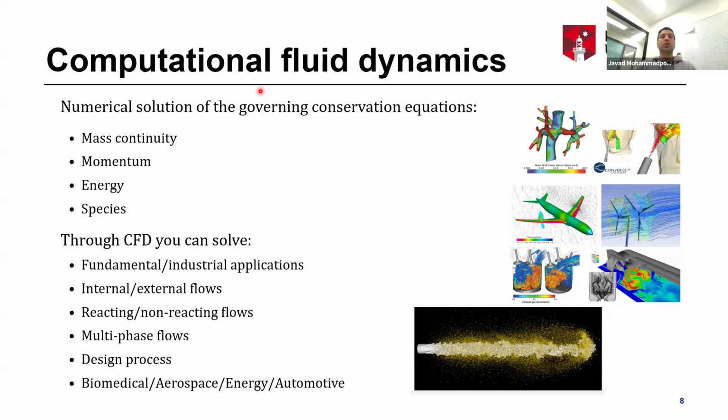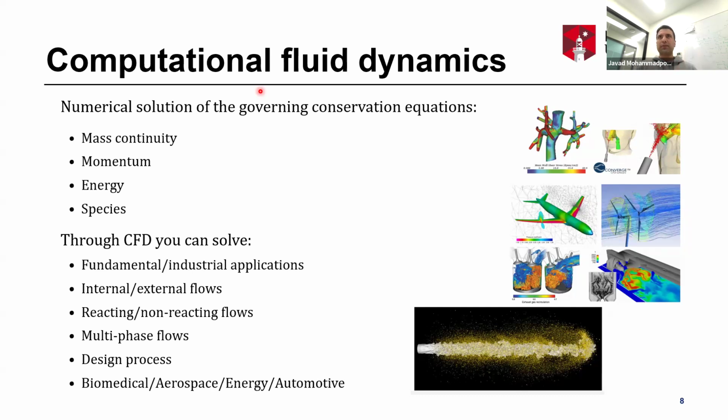It's the knowledge just to solve different problems. You can see different figures from what we work on in our group through CFD. The first step for CFD is to identify and understand the physics of your problem.